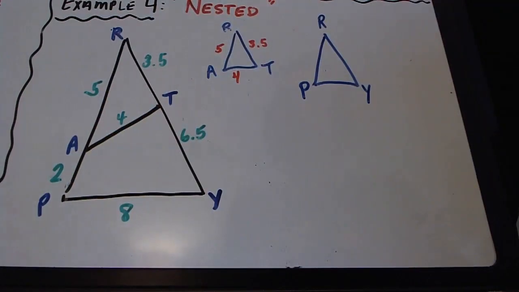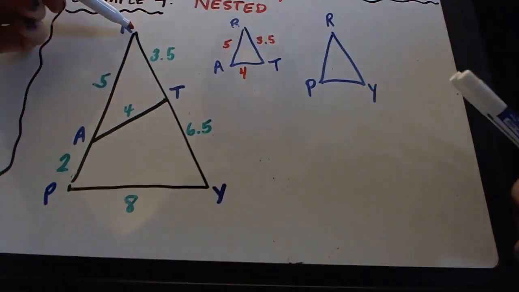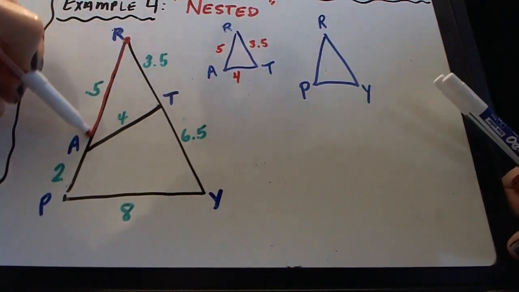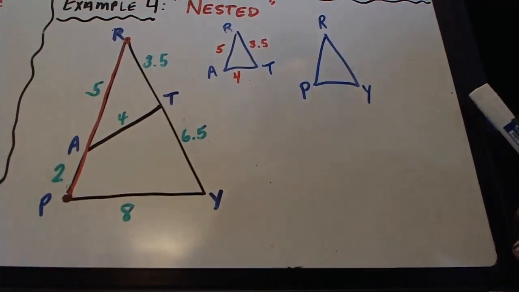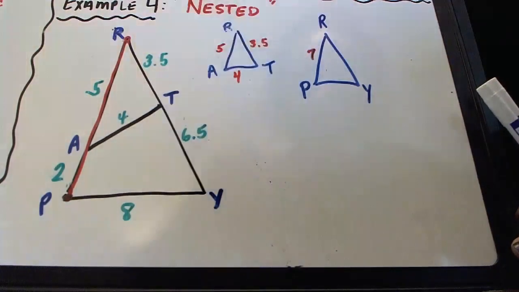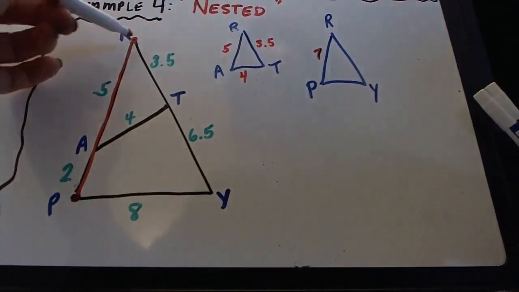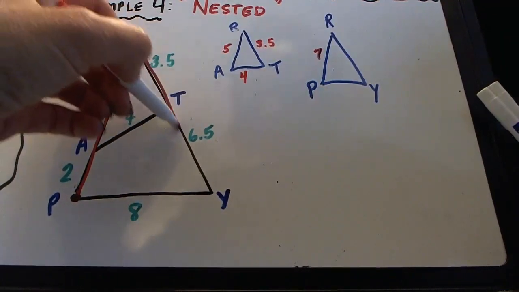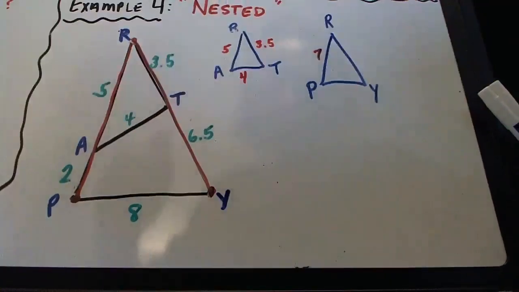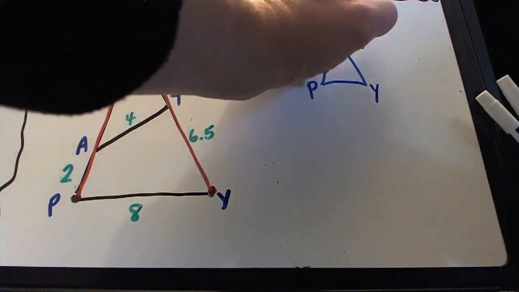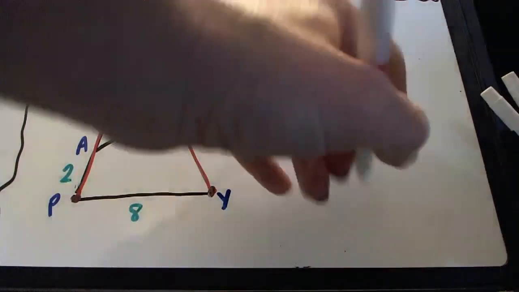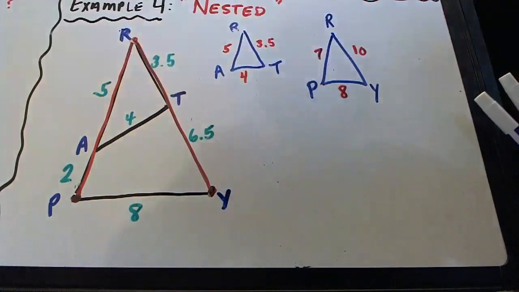Okay, so I'm looking at the big one now at this point, where I need to add these two parts together in order to obtain the length of that side. So this is going to give me 7, and then I have to add here these two. And when I add those two lengths together, that's going to give me a length of 10. And my bottom side here is 8.